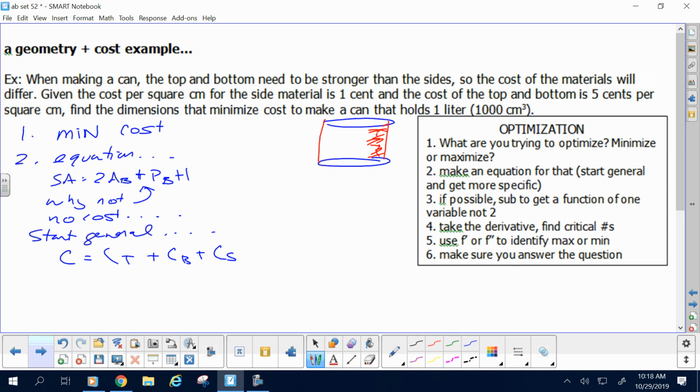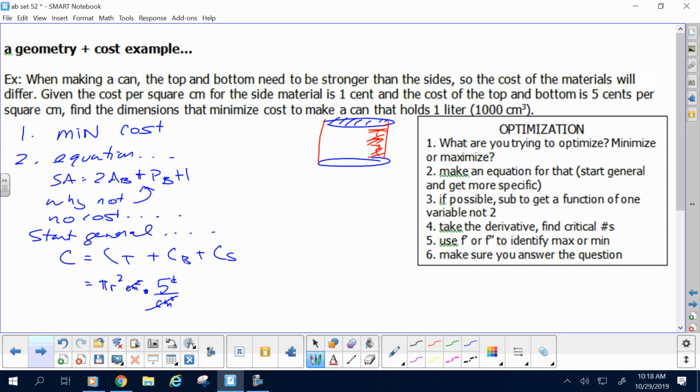All right, what about the top? How do I find the cost of the top? The area of the base. The area, now what are the units on that? Pi r squared, centimeter squared, so is that cost? No. So what do I do with that? Multiply it by 5 cents per centimeter squared.